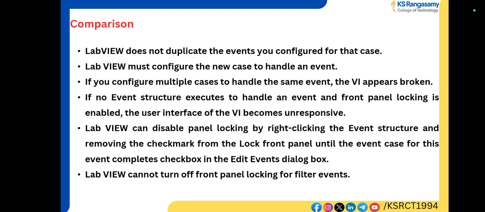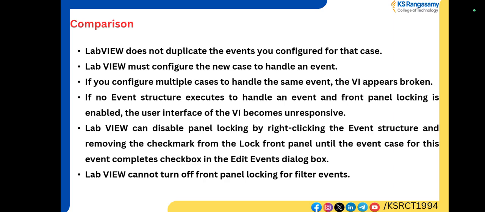When you duplicate an event case, LabVIEW does not duplicate the events you configured for that case. You must configure the new case to handle an event. If you configure multiple cases for the same event, the VI appears broken.